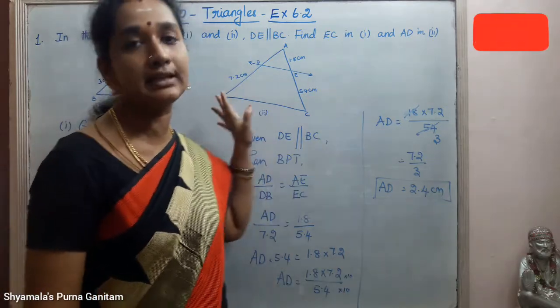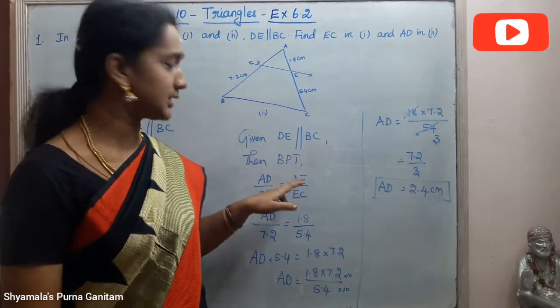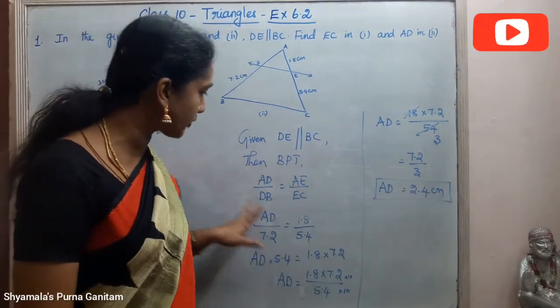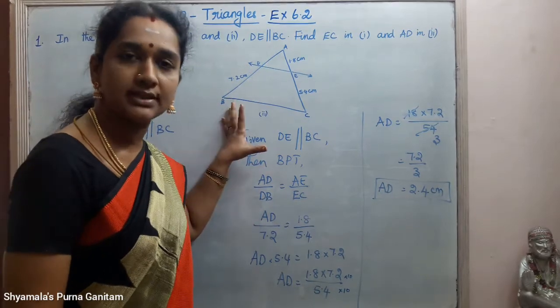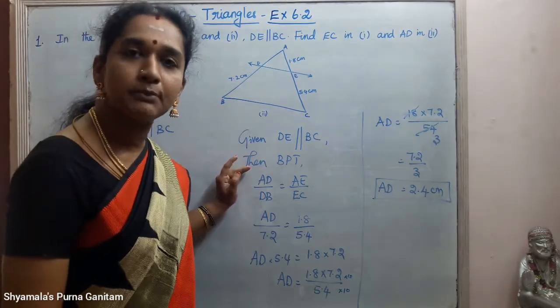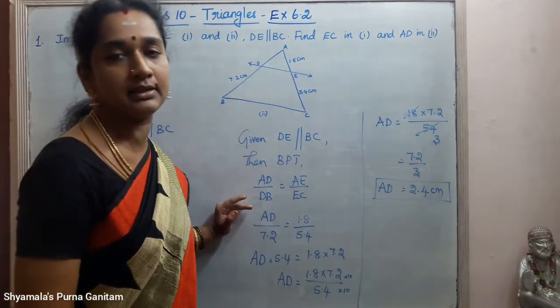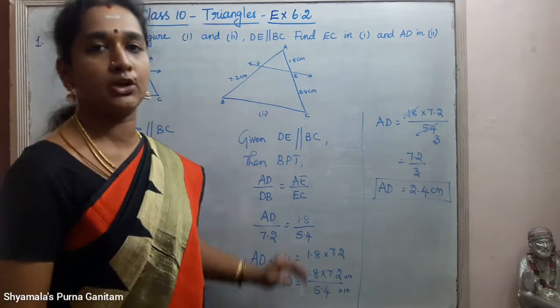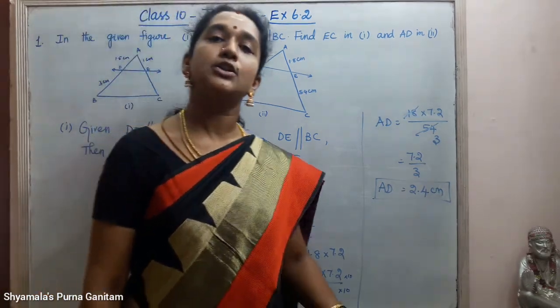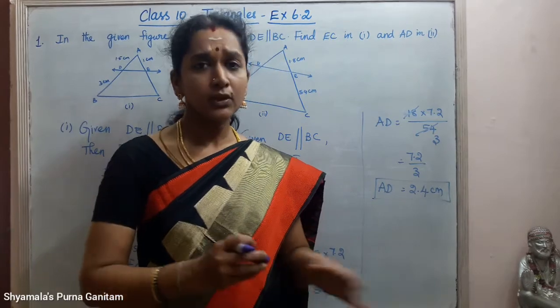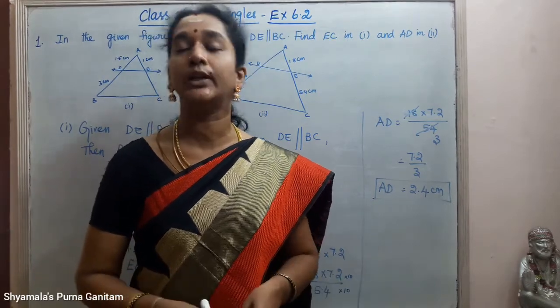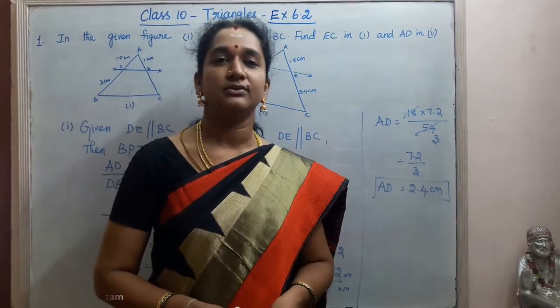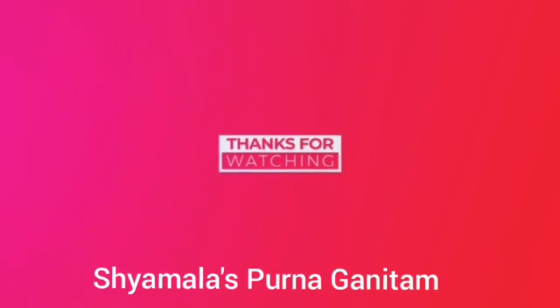These are the missing terms, and only these things are very important: whatever is given, by what theorem you are proving this, then since it is proportional, we are using this property. So practice all the sums. The next sum we will do in the next class. Thank you.